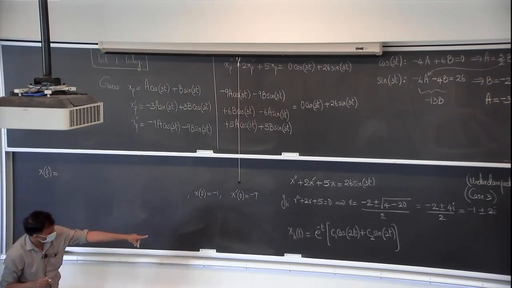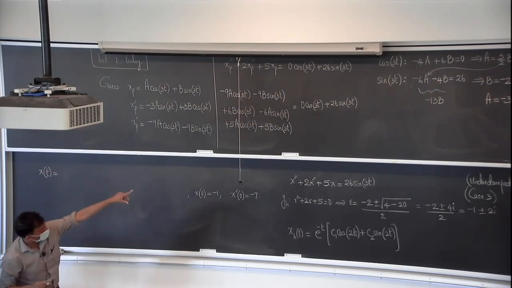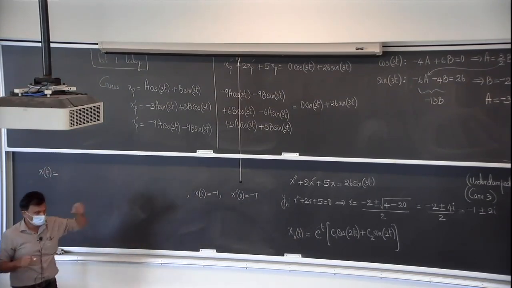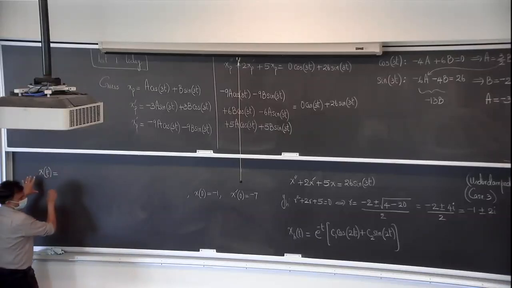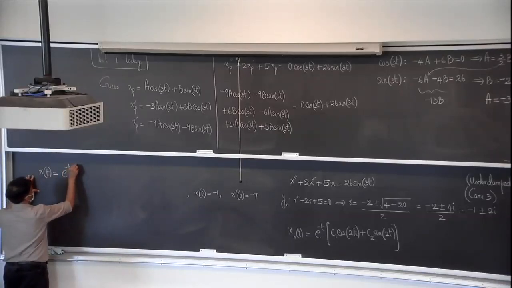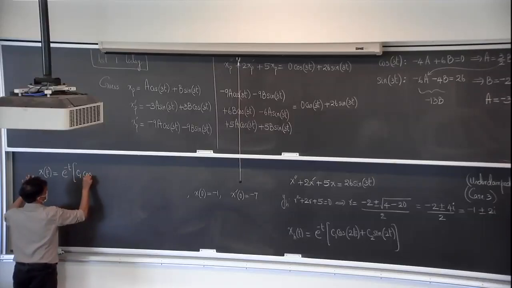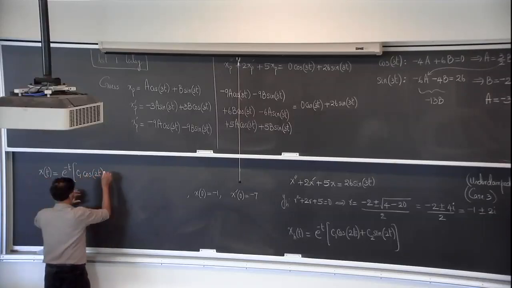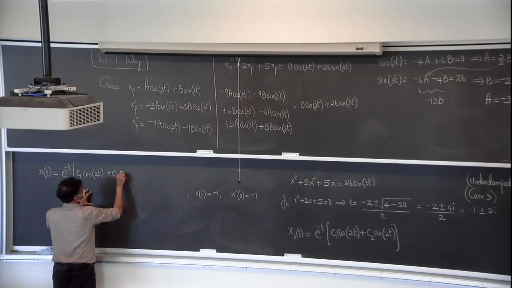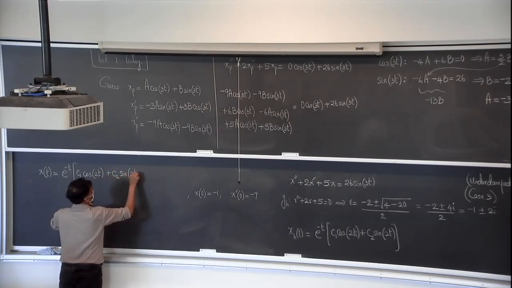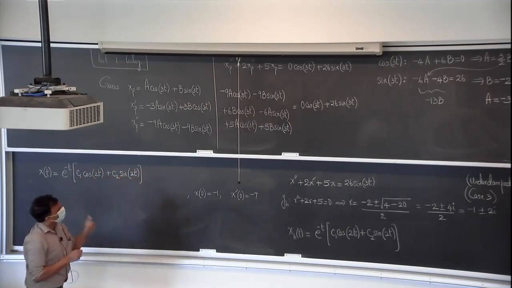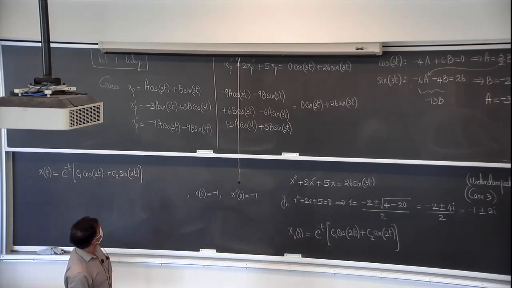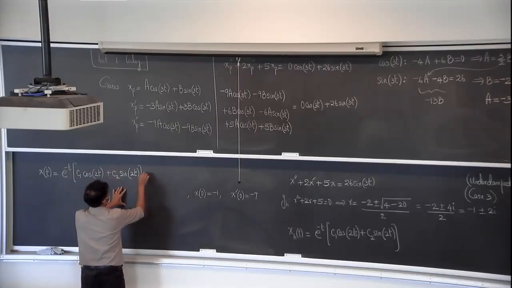Okay, the homogeneous solution is down there. The particular solution, when you plug in the A, B values into the initial guess, so it's going to be e to the power of -t times C1 cosine of 2t plus C2 sine of 2t, and then you have -3 cosine 3t minus 2 sine 3t.